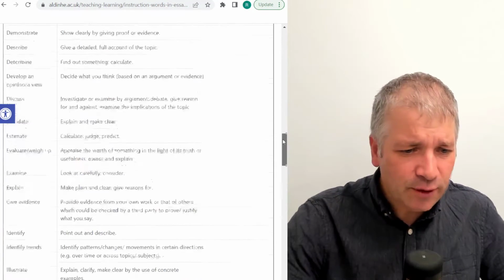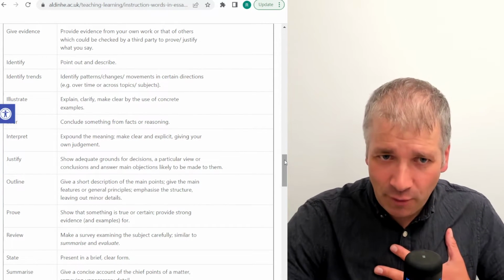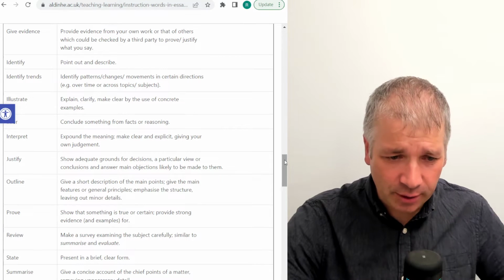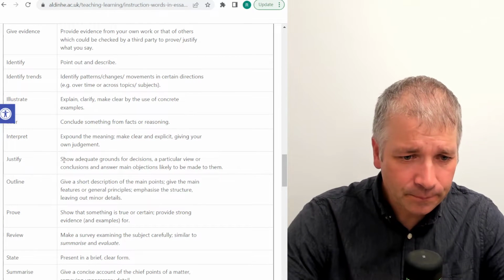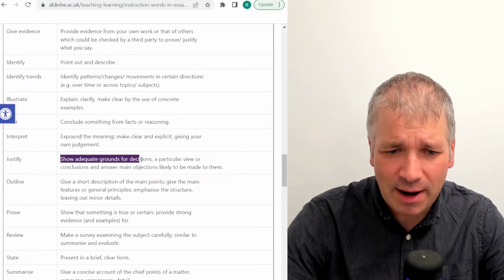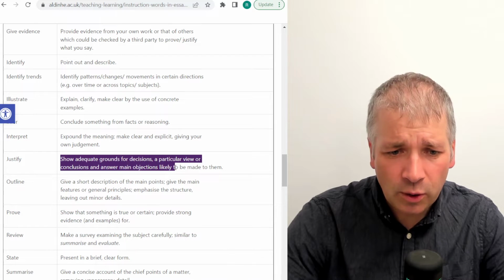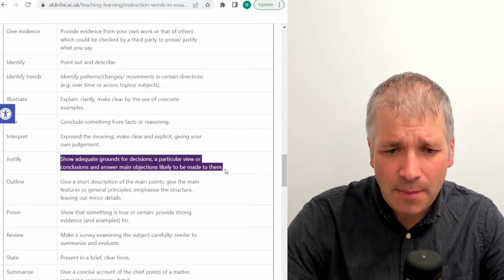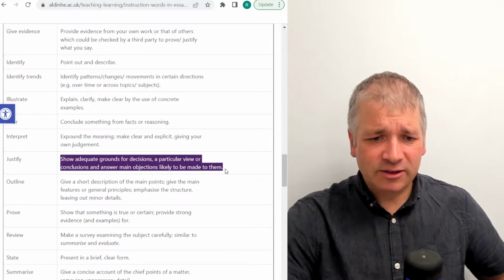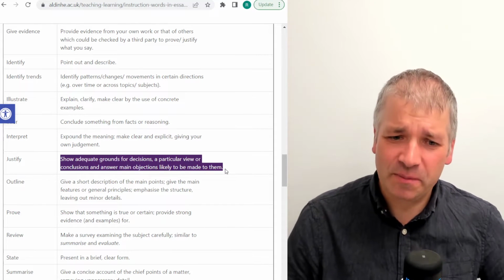Let's go and find the word justify so we can find out what we need to do if we're writing an essay that has the word justify in it. So here we are. So justify is show adequate grounds for decisions, a particular view or conclusions, and answer main objectives likely to be made to them. What does adequate grounds for decisions mean?